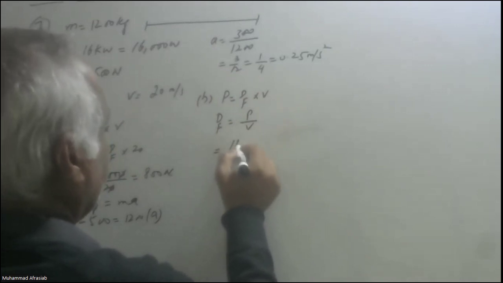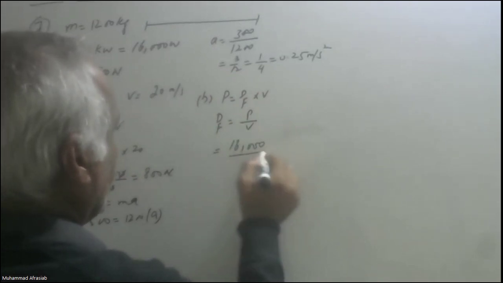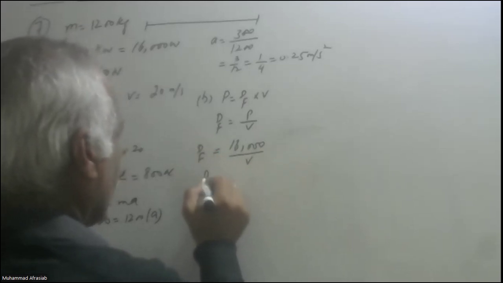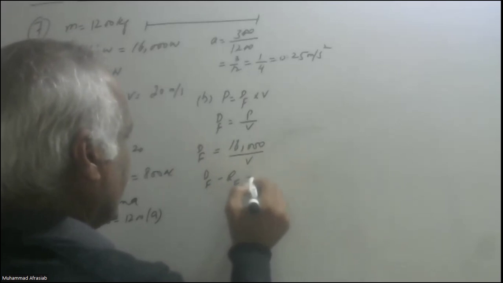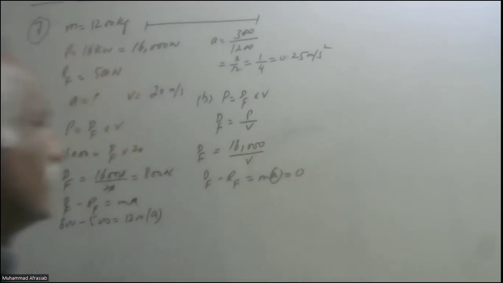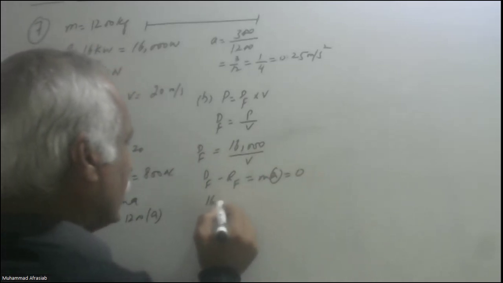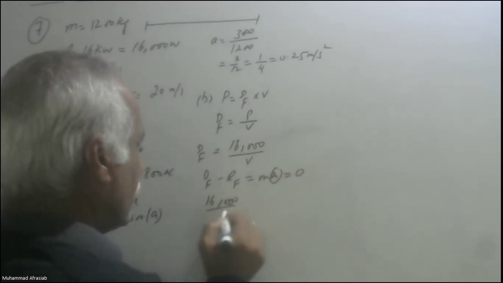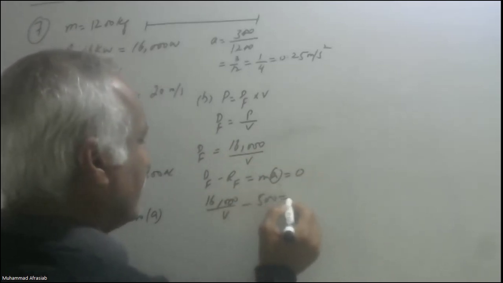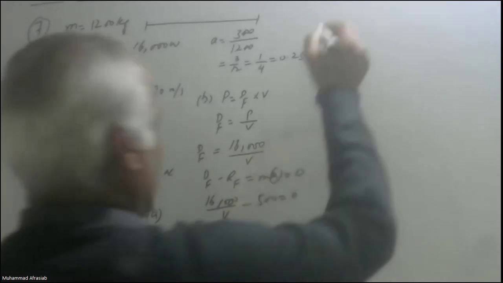Power is 16,000 over velocity, we don't know, that is V. But driving force minus resistive force is equal to ma, but it is moving at a constant speed, so acceleration will be equal to 0. So driving force, 16,000 over V, minus my resistive force, which is 500, is equal to 0.